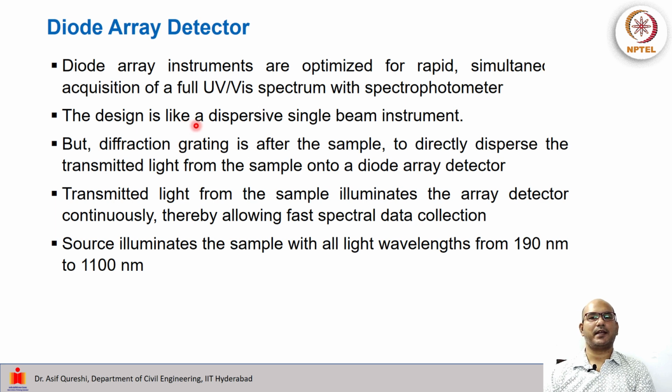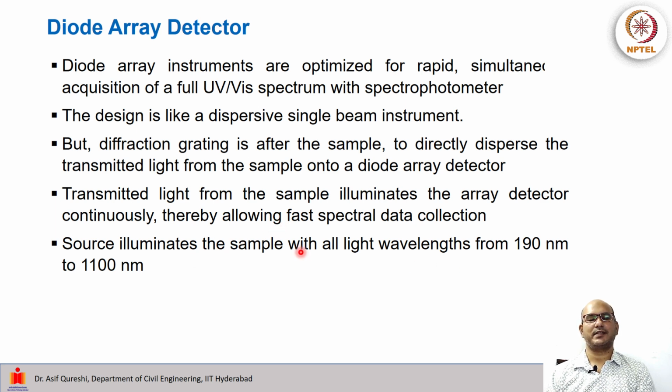It is same like a single dispersive instrument, but the grating is after the sample to directly disperse the transmitted light. We will cover this in the next slides more, like in a figure framework. The transmitted light of the sample illuminates the array detectors simultaneously, and they will allow a fast data collection.